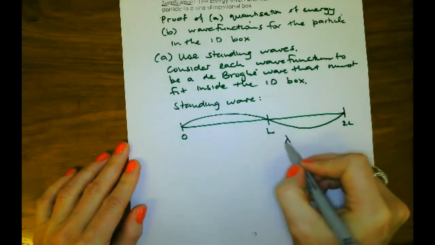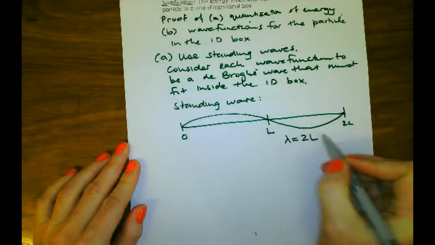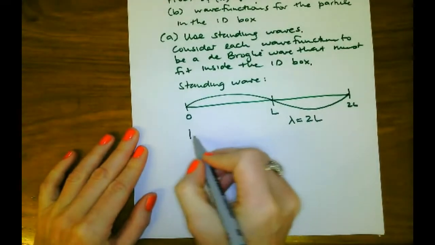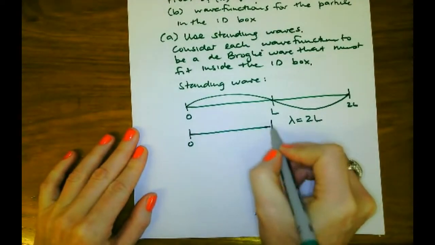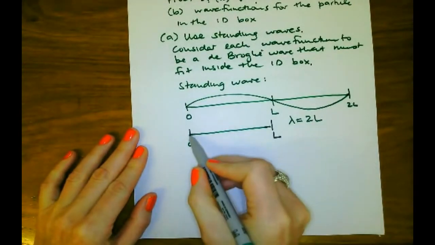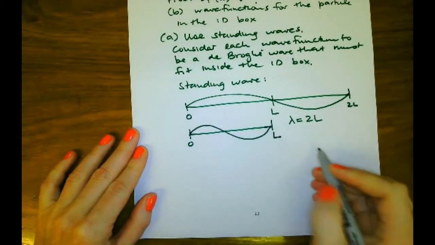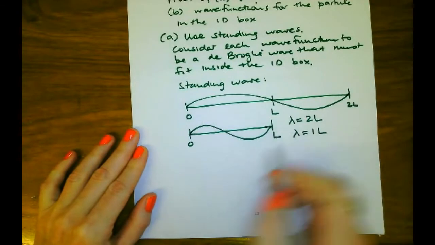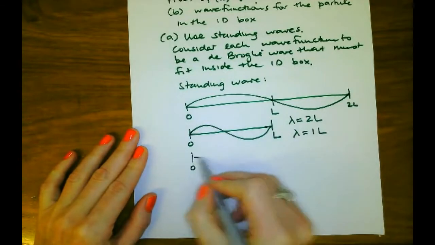And in this case, the wavelength is equal to 2L, because then the wave repeats itself. Another option is to take the box and do that. And in this case, the wavelength is 1L, so one wave fits inside the box.